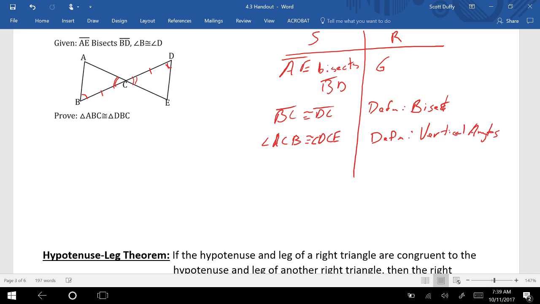Or you can say the vertical angle theorem. Once I have this, if I'm going around this triangle, I say I have an angle and then the side and the angle. So basically the side between two given angles. So triangle ABC is congruent to triangle DBC, and that is the angle side angle theorem.